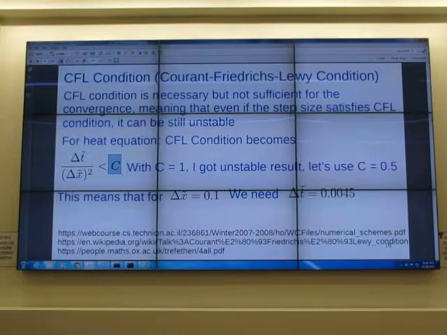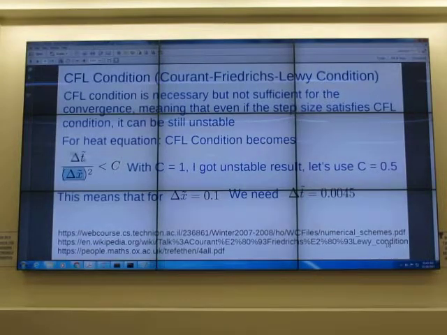Most of the time that constant is 1, or sometimes we use 0.5, or basically whatever makes it stable. And you will know if it's not stable, because you won't get an answer. So if your delta x is 0.1, 0.1 squared is 0.01.